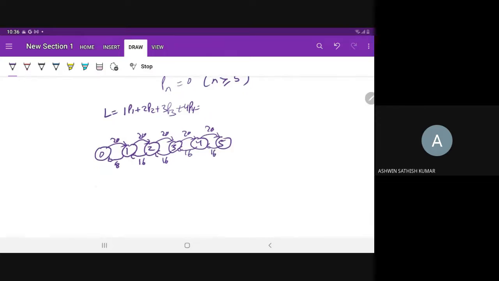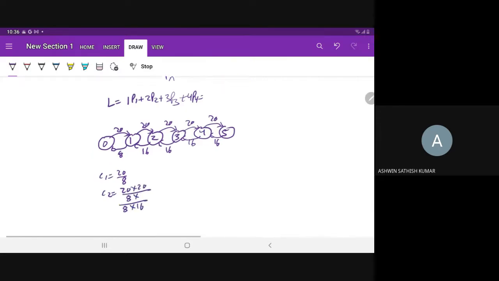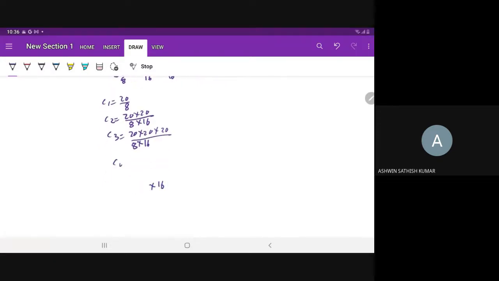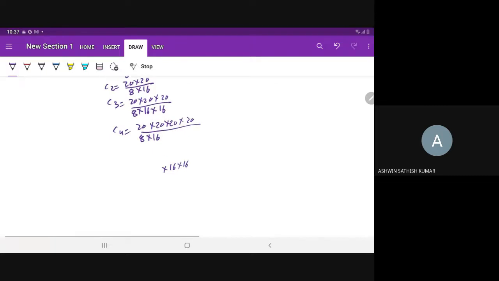So here C1 will come 20 upon 8, C2 will come 20 into 20 upon 8 into 16, C3 will be 20 into 20 into 20 upon 8 into 16 into 16, and C4 will be 20 into 20 into 20 into 20 upon 8 into 16 into 16 into 16.